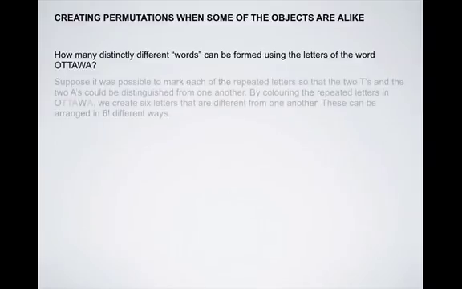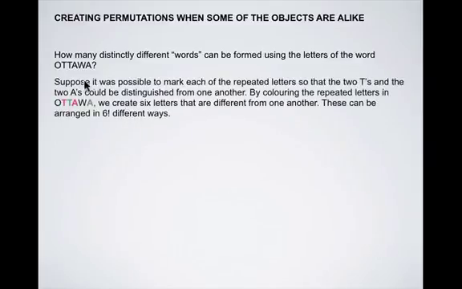And one thing that we have to consider here is suppose it was possible to mark each of the repeated letters so that the two T's and the two A's could be distinguished from one another. By coloring these letters, so one of the T's red and one of the T's green, and one of the A's red and one of the A's green, we can create 6 letters that are different from one another.